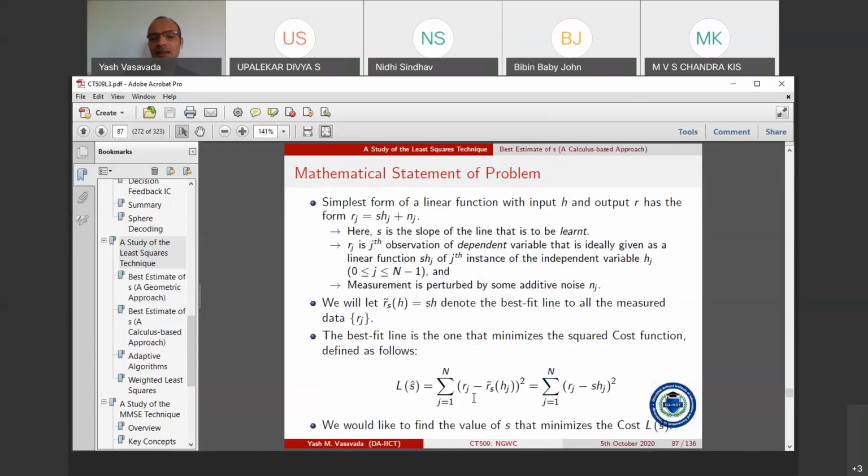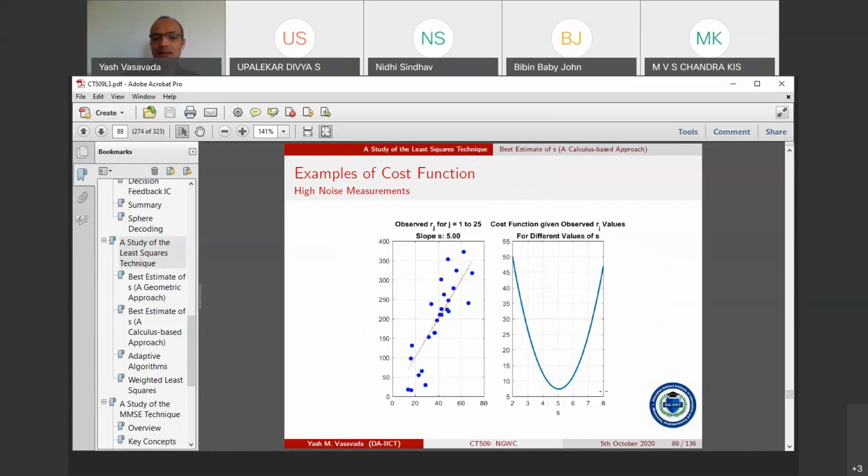We defined the mean squared error in this manner, but this definition of the cost function is nothing but calculating the distance between the received vector r and the estimated vector r hat. So this is the distance profile, and we take that estimate of s which minimizes the distance.